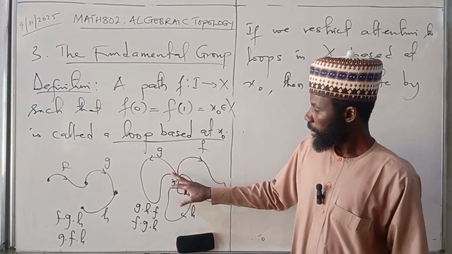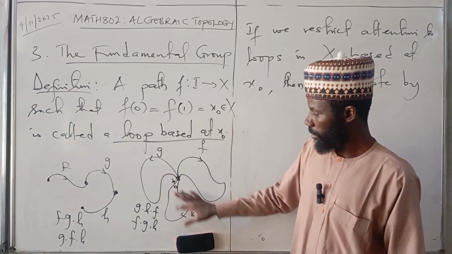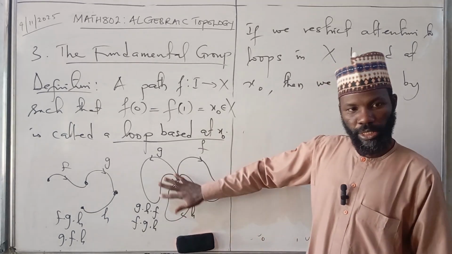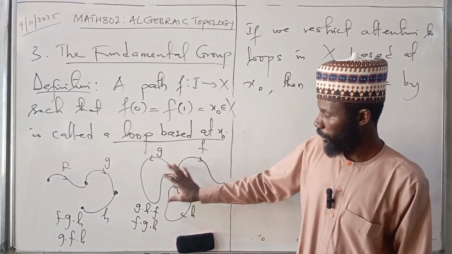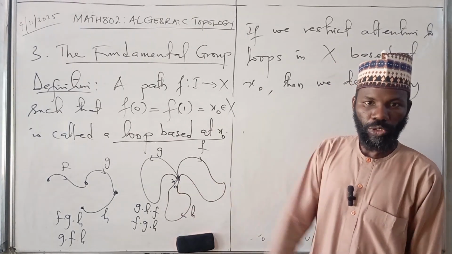This loop is homotopic to the other loop. If you are looking at these ones in this space, all of them are homotopic, because I can shrink each one of them to a point. So they are homotopic to each other.